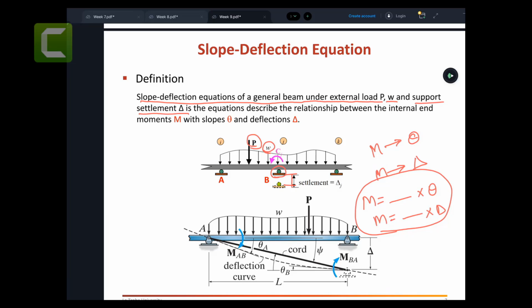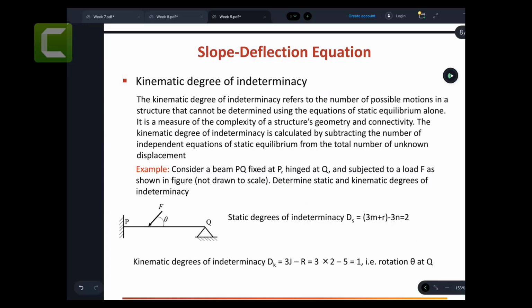If someone asks what a slope deflection equation is, it is basically the relationship between the internal moments and the slopes, and the internal moments and the displacements. Don't worry about these figures. I will explain these figures in great detail, so you will understand where these equations will be used and what their usefulness is.